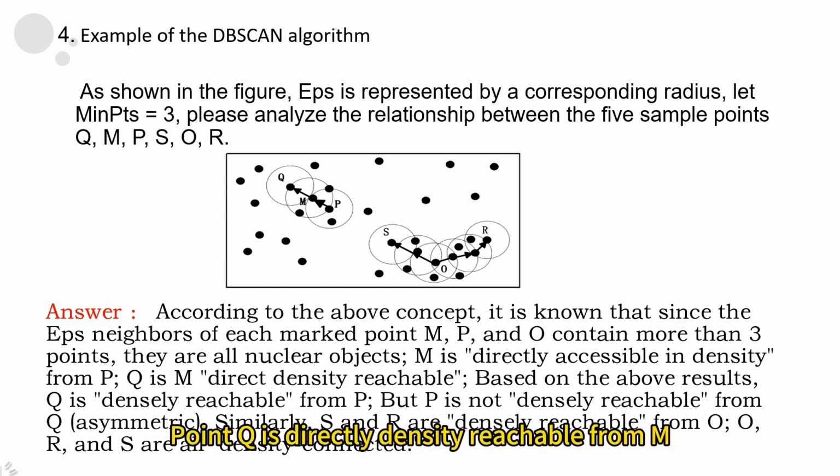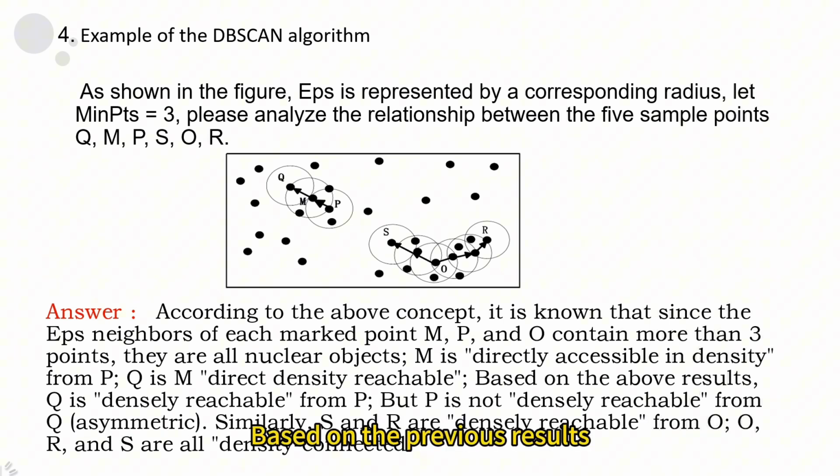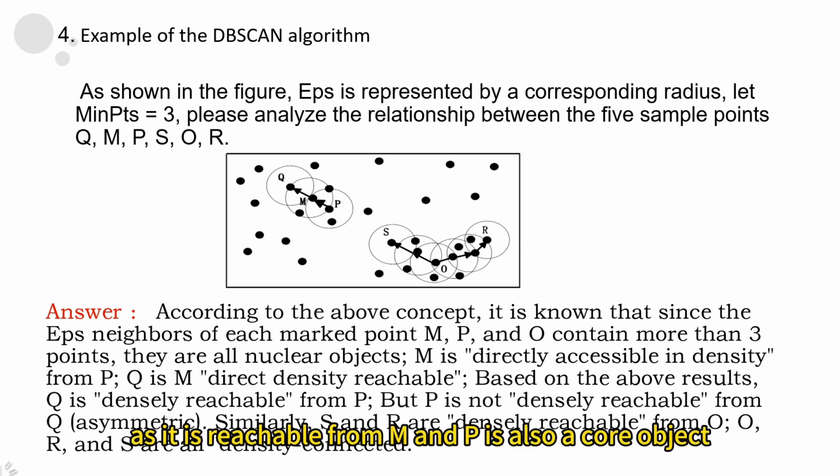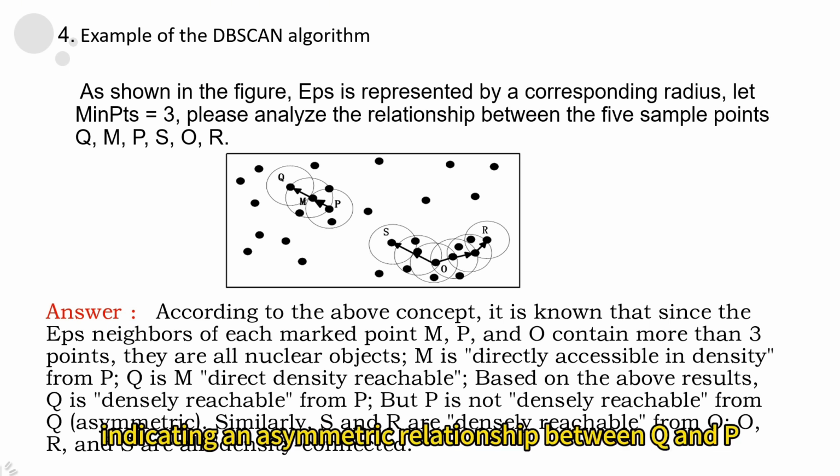Point Q is directly density reachable from M, meaning that Q is within the EPS neighborhood of M and satisfies the density criteria. Based on the previous results, Q is density reachable from P, as it is reachable from M and P is also a core object. However, P is not density reachable from Q, indicating an asymmetric relationship between Q and P.